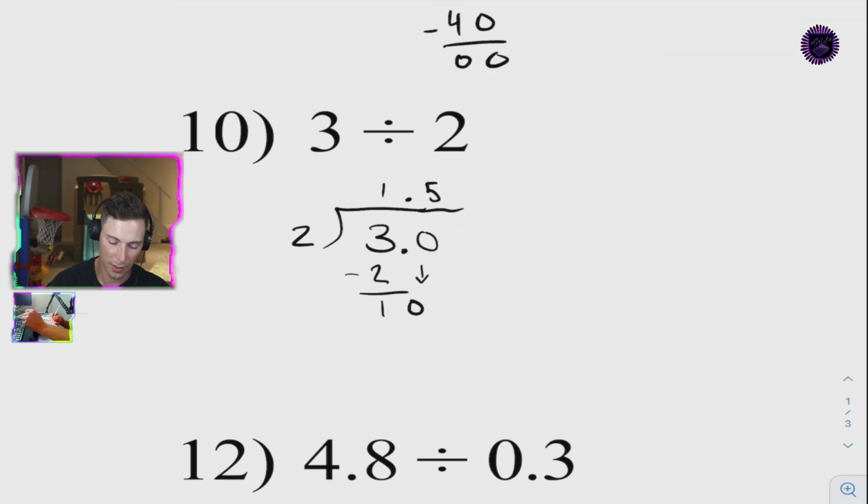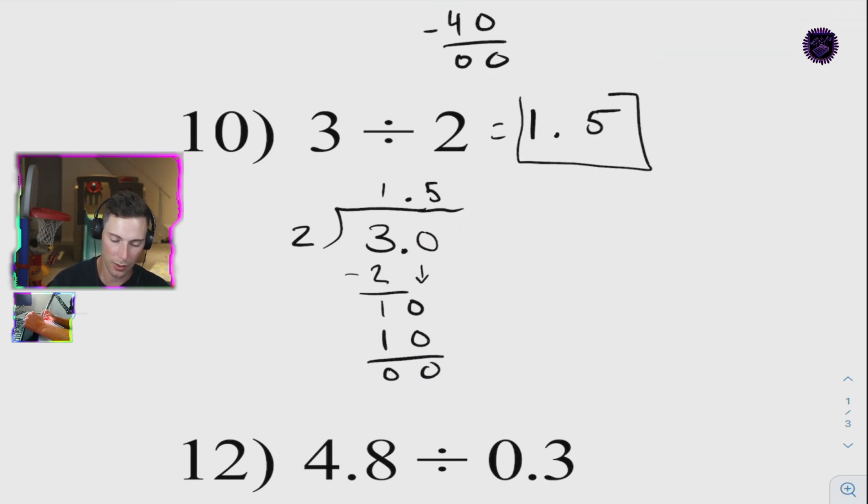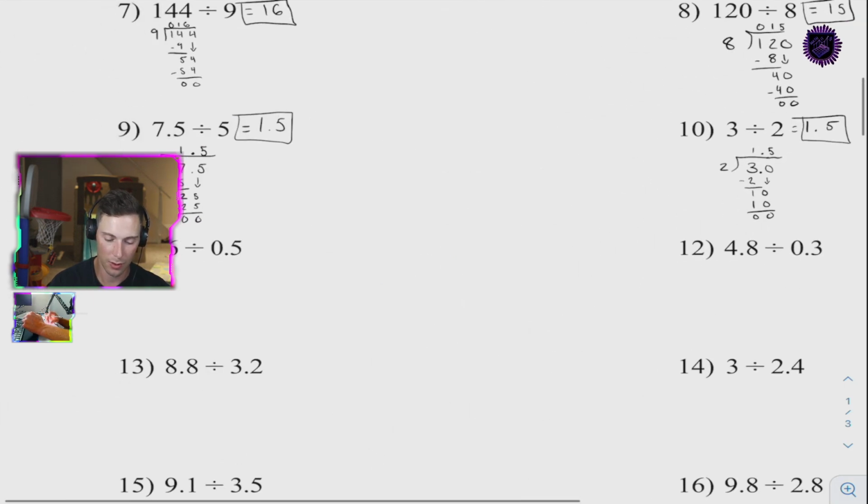Exactly 5 times to make 10. Remainder of 0. So this is important. You're lining up your columns here. I'd mentioned that earlier. It's really important that you're doing that. So let's write our answer of 1.5. We can square our answers. Question number 11.